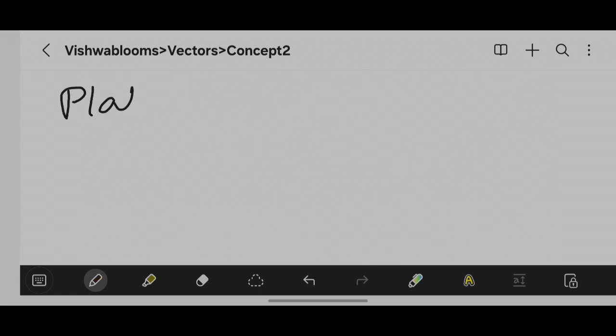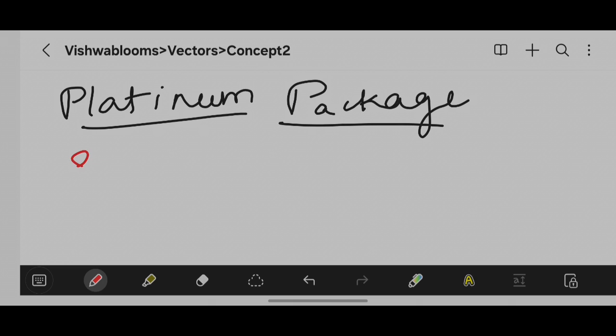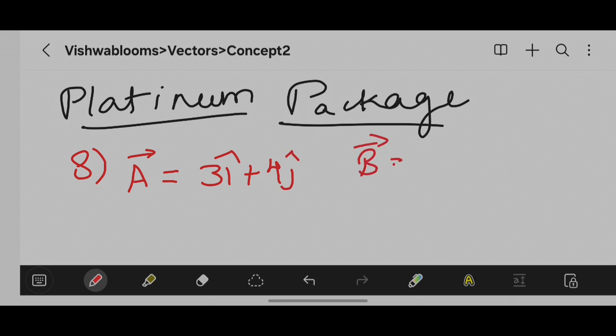Next, platinum package. 8th question. If A bar is equal to 3 i cap plus 4 j cap, B bar is equal to 7 i cap plus 24 j cap, the vector which has the same magnitude as B bar and is parallel to A bar is.